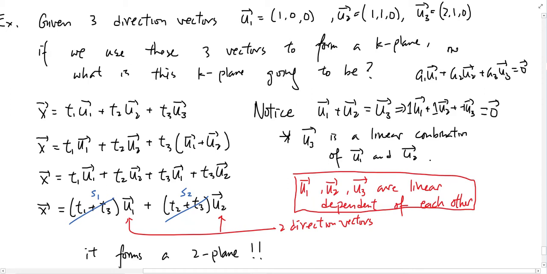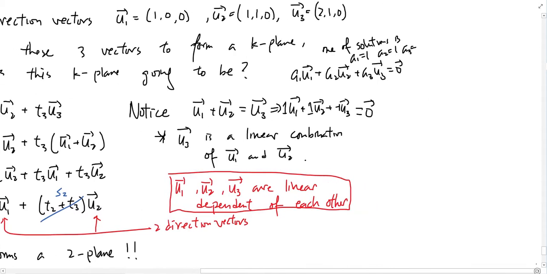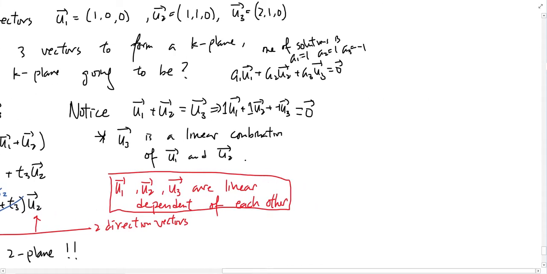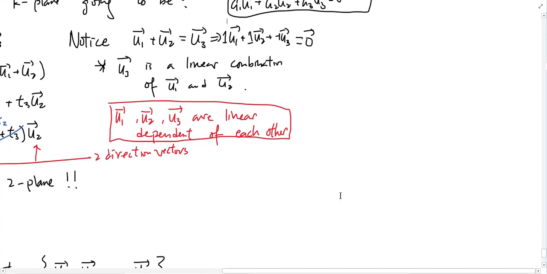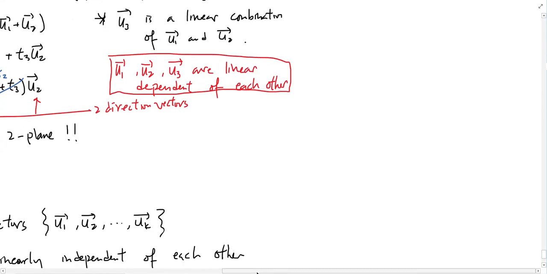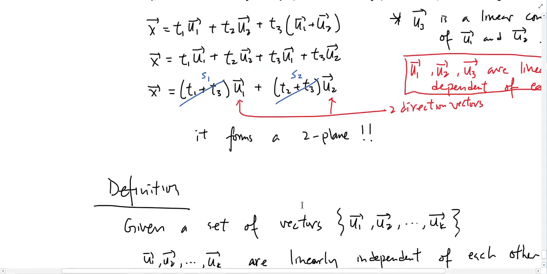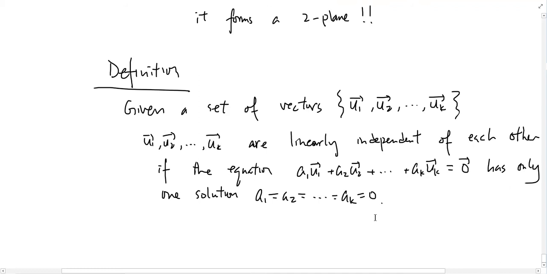One of the solutions is a1 equal to 1, a2 equal to 1, and a3 equal to -1. So that's why it's not linearly independent, because I don't have just one solution where all the coefficients are 0, but instead I have a solution that has some non-zero number in it.